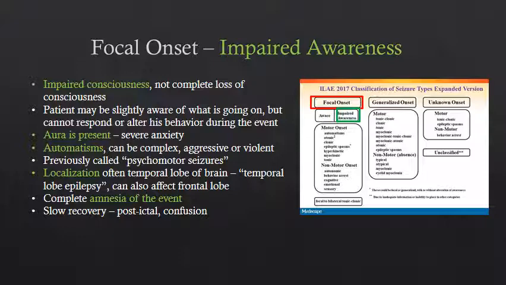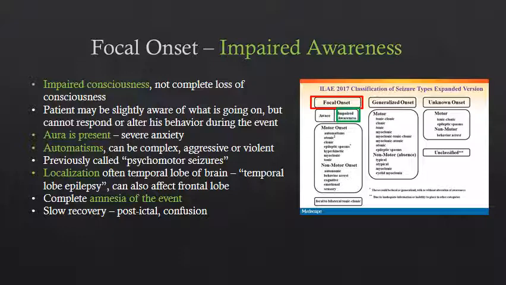Aura is typically present, and the patient experiences severe anxiety and fear when they have aura. Sometimes the seizures can occur with hallucinations or psychomotor symptoms, such as automatisms and automatic movements.